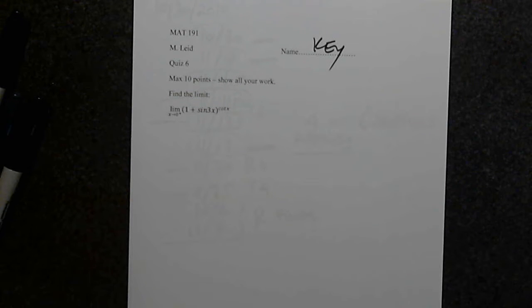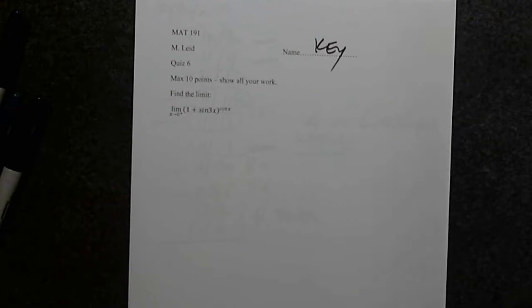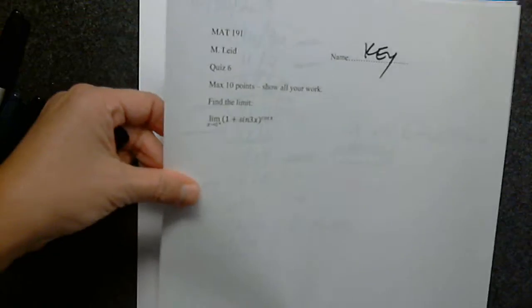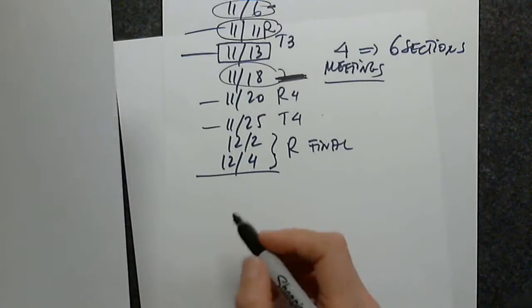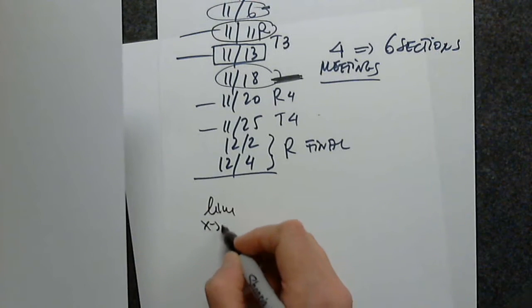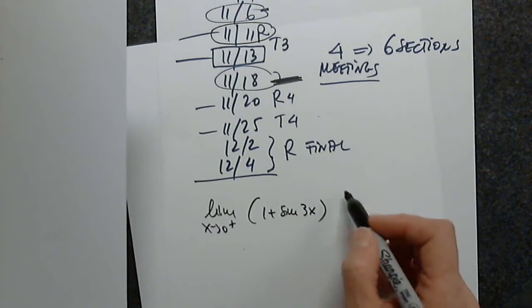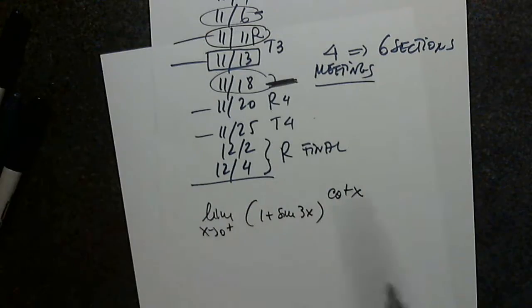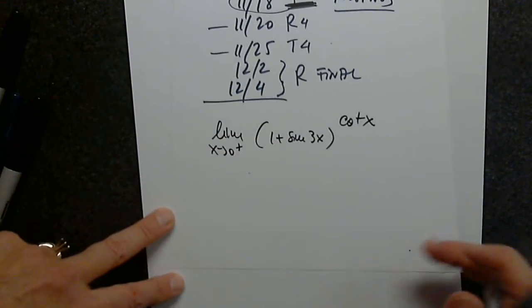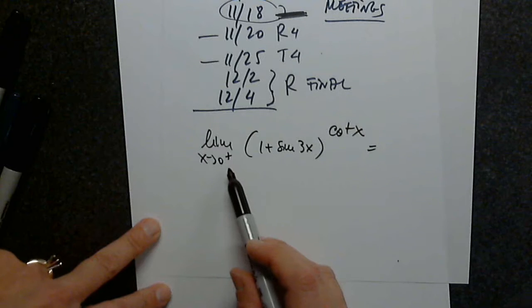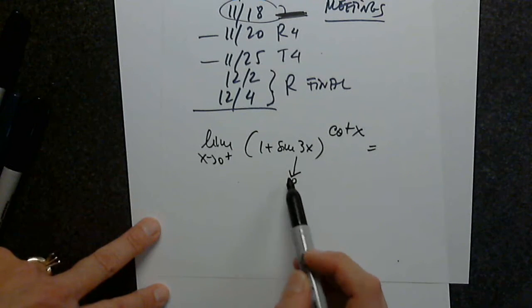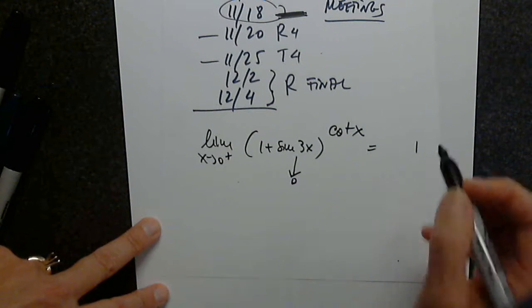than this for L'Hopital's rule. So when we plug in the limit as x approaches 0 from the right of (1 plus sine 3x) raised to cotangent x, when x approaches 0, sine 3x approaches 0, so this will be 1.